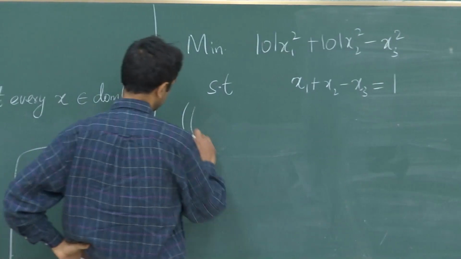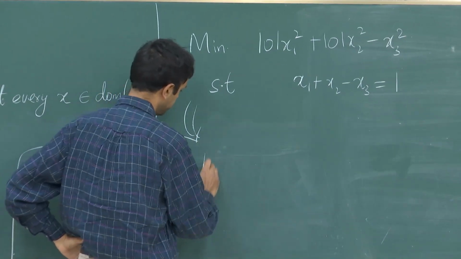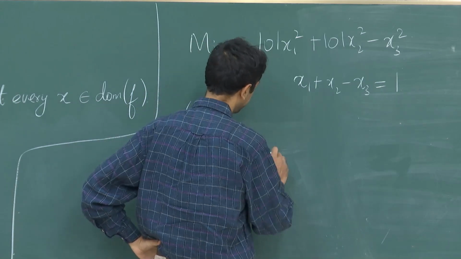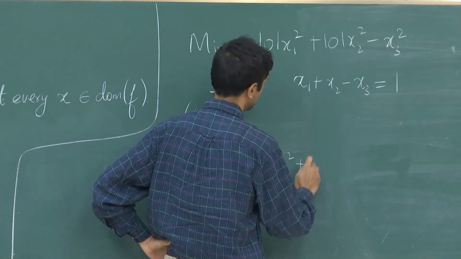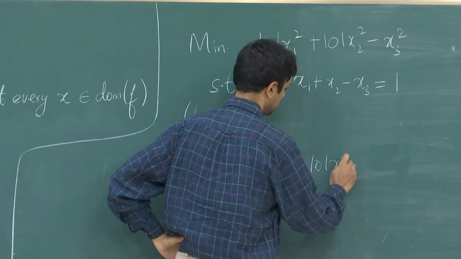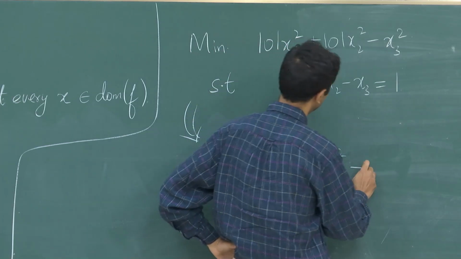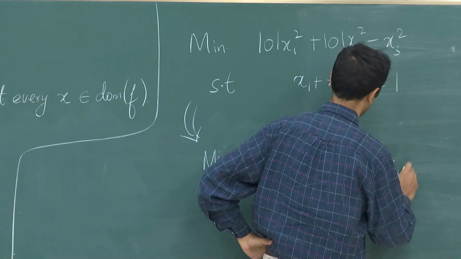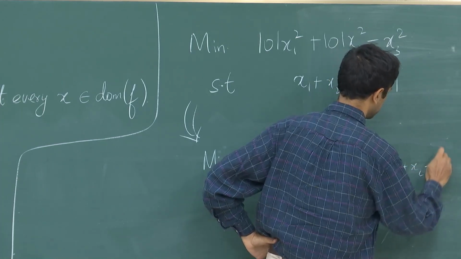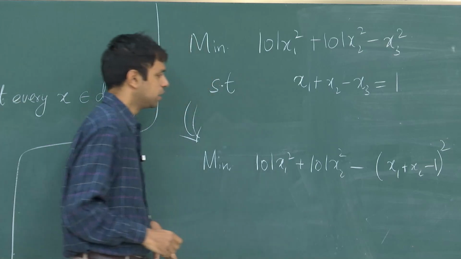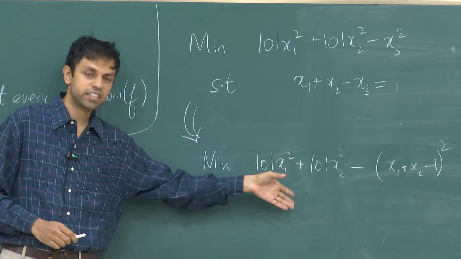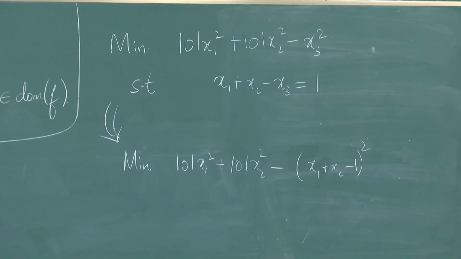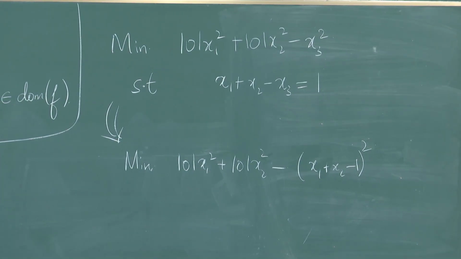Remember we talked about reformulation, so this model is exactly the same as 101 x1 square plus 101 x2 square minus (x1 plus x2 minus 1) whole square, and if you open it and expand it and write the new Hessian, it will come out to be positive semi-definite, okay.